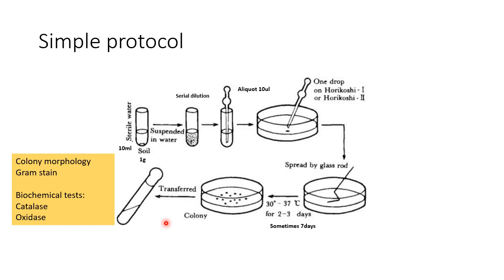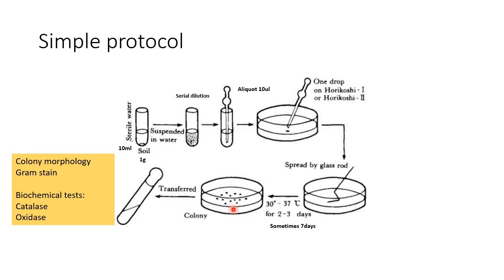Now, the main thing that comes here after getting an isolated colony is you start testing it for identification. First you go for colony morphology, then gram staining, then basic biochemical tests like catalase, oxidase, etc. Then see for what range of salts and what range of pH your isolate grows well.